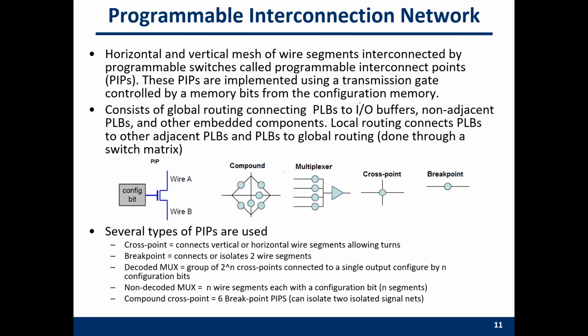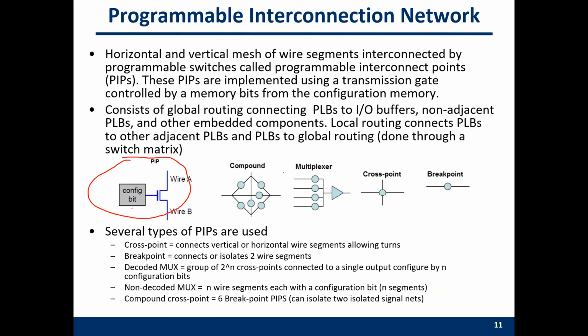There are multiple types of interconnections, but all of them share some basic components. For example, the most important part is this one. This is the so-called programmable interconnection point.